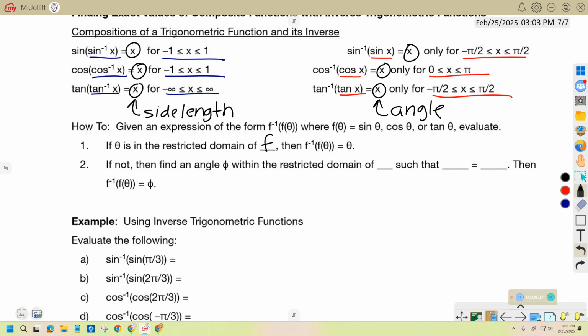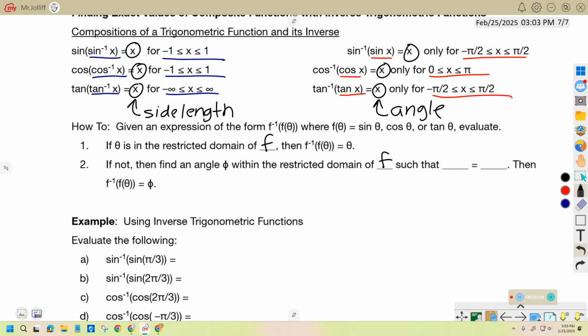If the input angle theta is not in the domain for cos, if it falls outside of 0 and pi, or for sine, if it's bigger than half pi or smaller than negative half pi, I need to find a different angle, a new angle, that has the same answer as the original cos, the original sine.